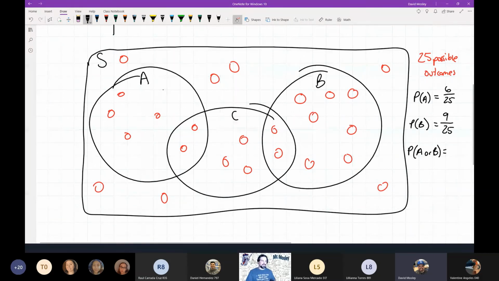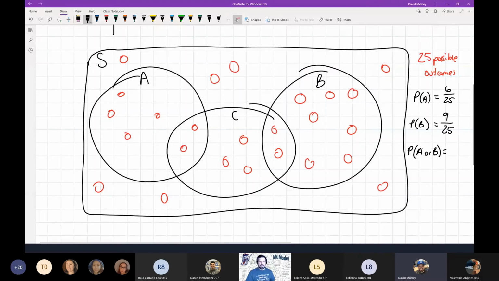A and B are disjoint, and we can visually see that because the circles of those events don't cross. They don't share any red dots. A and C share some, B and C share some, but A and B share no dots. So they are mutually exclusive, they're disjoint.